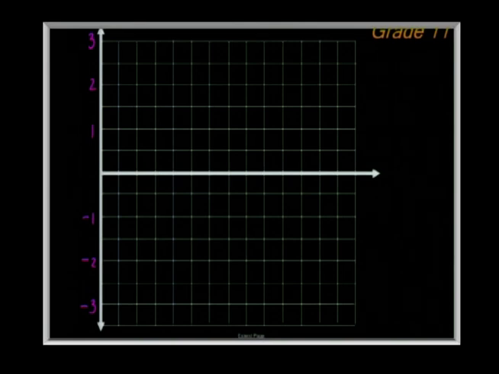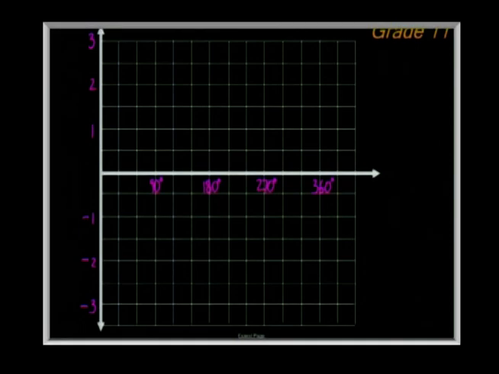I'm just going to mark every 90 degrees. That's going to be 90. 90 degrees later will give us 180. 90 degrees after that will give us 270. And another 90 degrees will be 360.